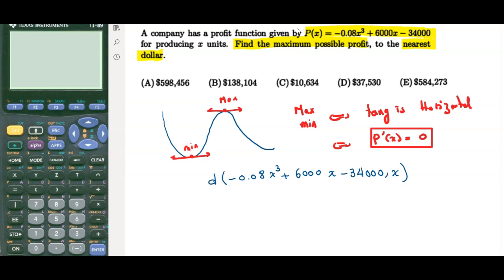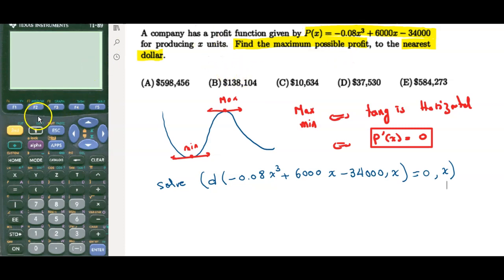Now if I want to solve the derivative equals 0, I'm going to add solve before the parentheses, make the equation equal 0, comma x, and this should be the syntax of the calculator that we're going to be using, right?